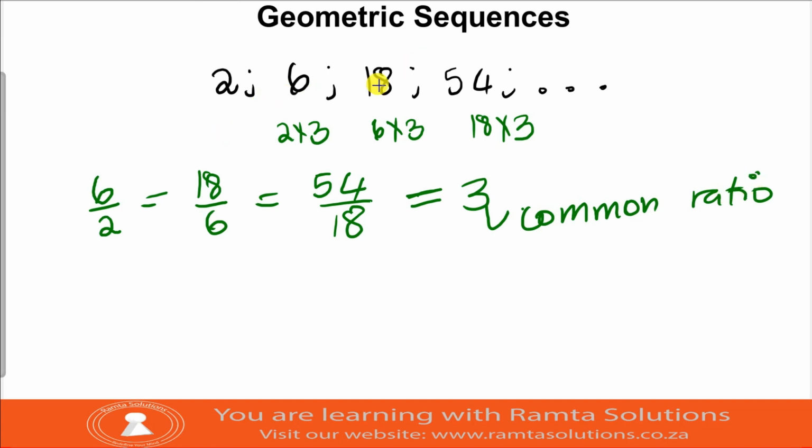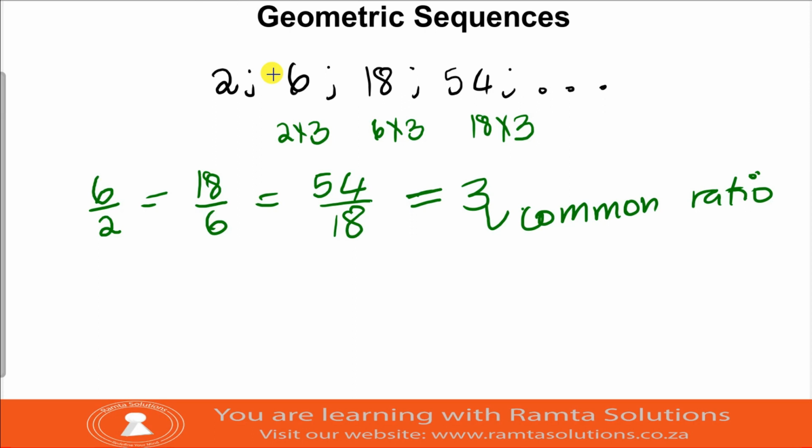A geometric sequence is made of this: successive terms are made up by multiplying the previous term with a number called a common ratio.